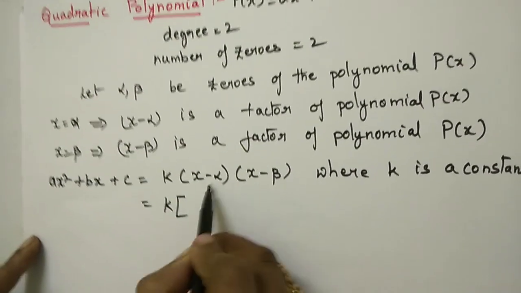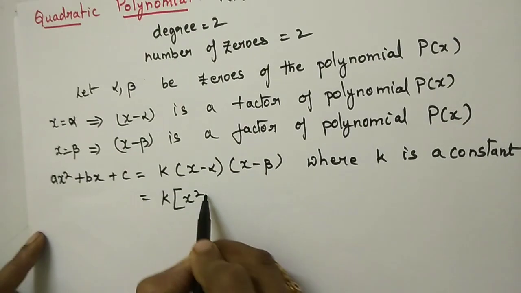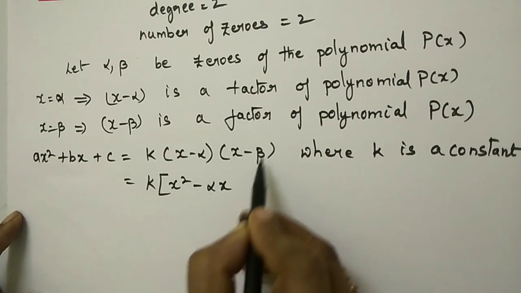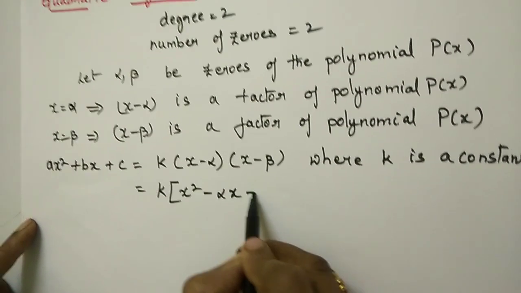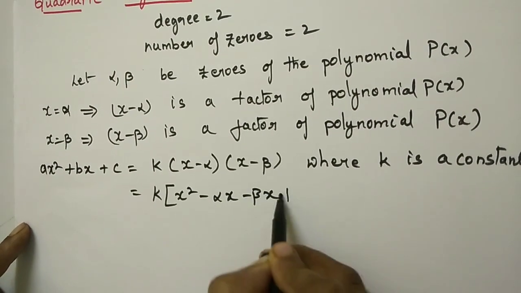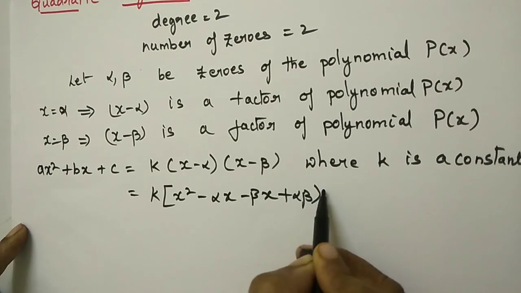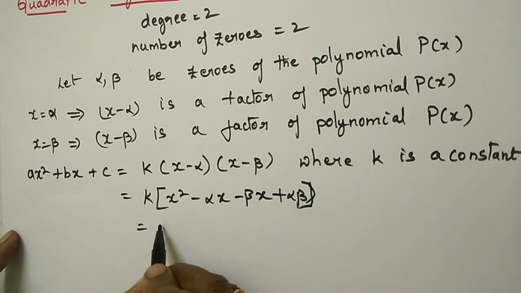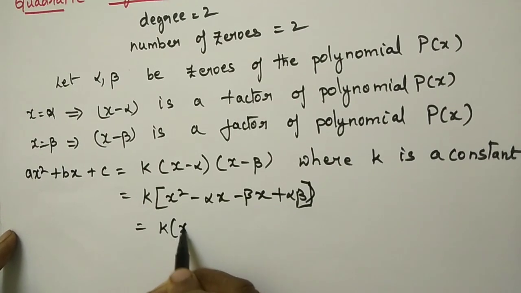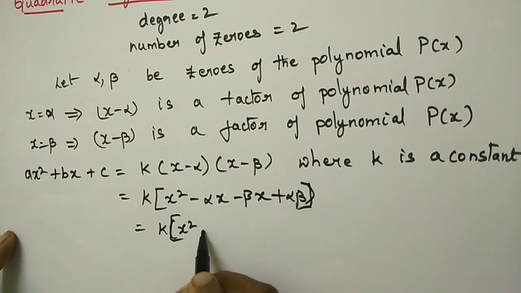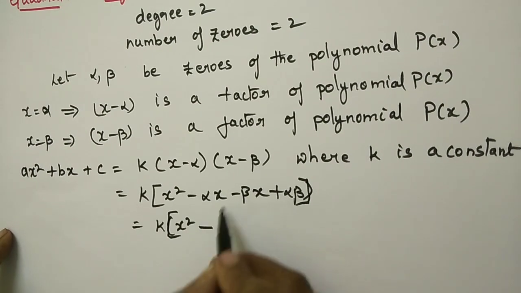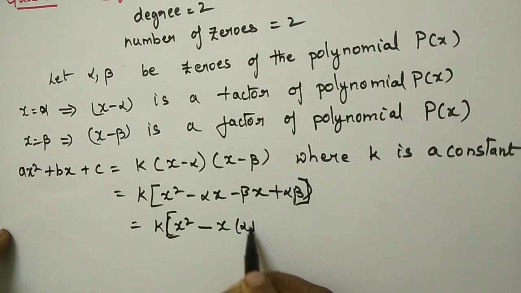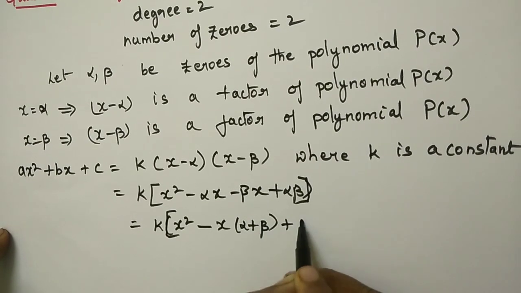Now multiply these two, we will get x square minus, multiplying first with x minus alpha x, next with minus beta, we will get minus beta x plus alpha beta. So this is equal to k into x square minus, here x is common, just take it, minus of x into alpha plus beta, plus alpha beta.